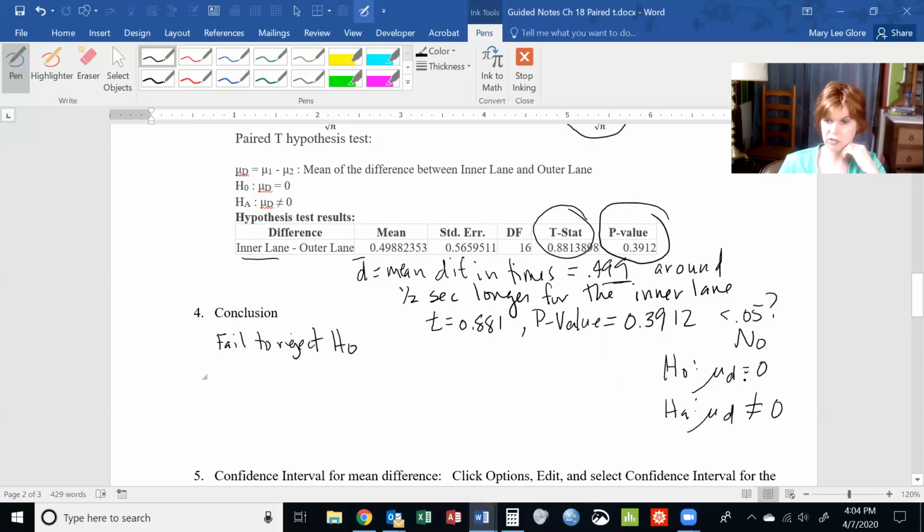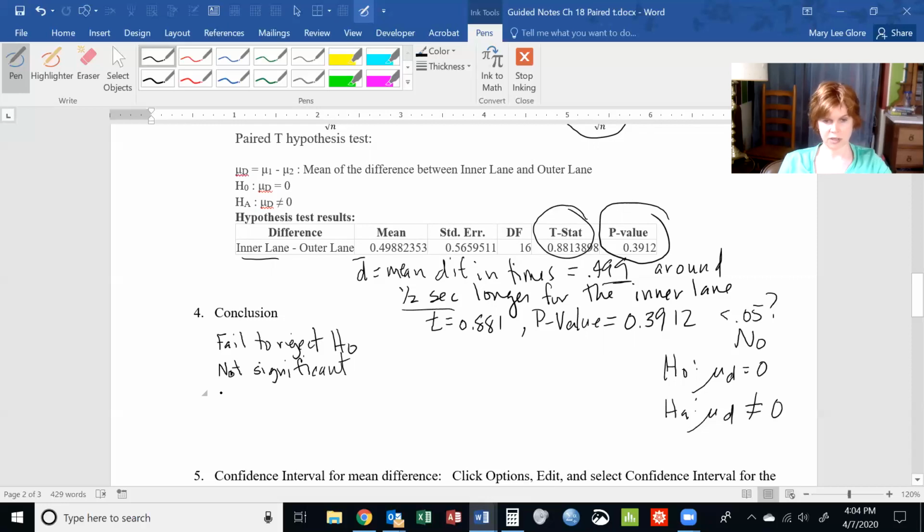Mu d equals 0 means there's no advantage to either lane. That's a possibility. This is not significant. A half a second difference on average in the lanes is not that big a difference. We expect that kind of thing.